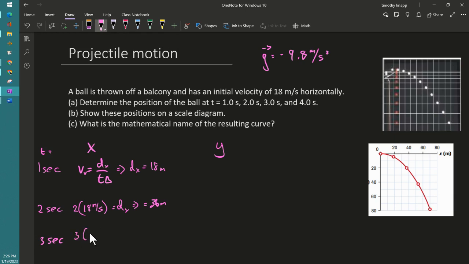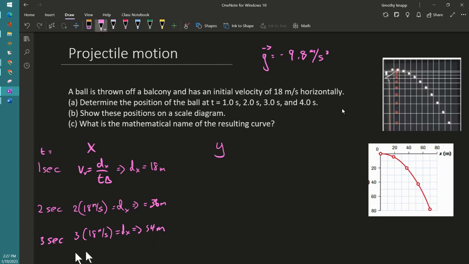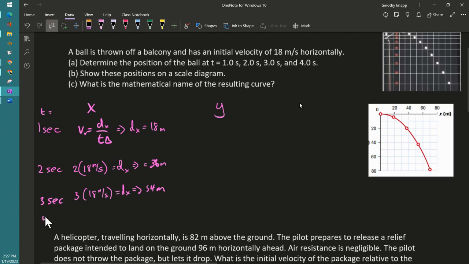I'm moving forward for 3 seconds at 18 meters per second, and I end up getting 54 meters, and so forth. And then for 4 seconds as well. It looks like they want us to do 4 seconds. So for 4 seconds, it's 4 times 18. This is my horizontal position every second.